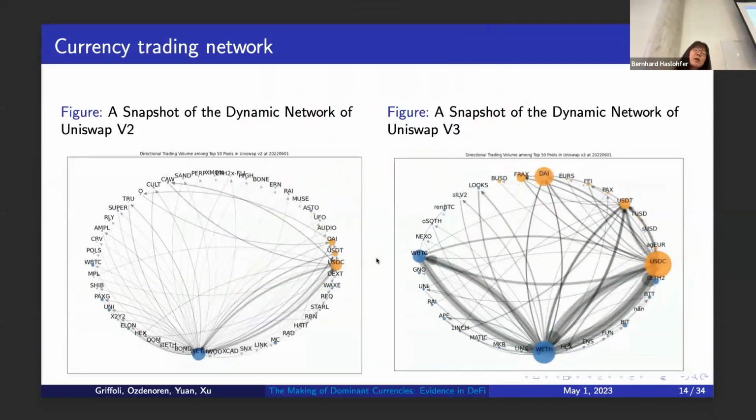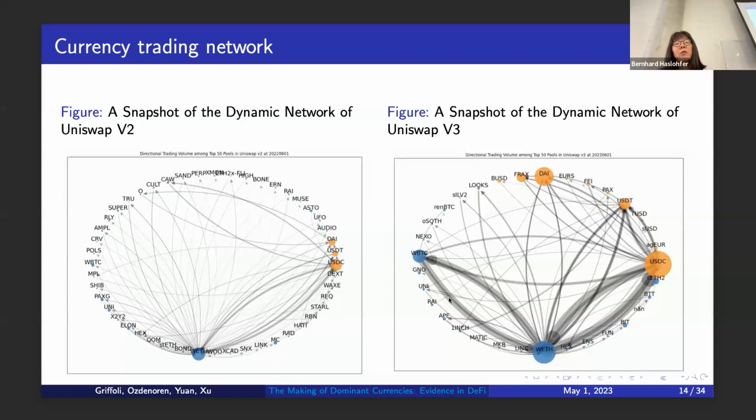Here's a snapshot of the trading network in Uniswap V2 and V3. We actually have a movie showing the dynamic transition of these networks over time. You can see V2, by design carried over from the earlier version, has WETH as the leading node in this network, followed by USDC.